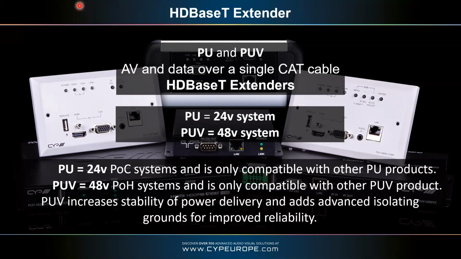Yeah, when HDBaseT came out, the organisation specified 48 volt. But 48 volt PoE injectors of the type that were needed with the relevant wattage were really horrendously expensive, because they weren't being manufactured in big numbers.